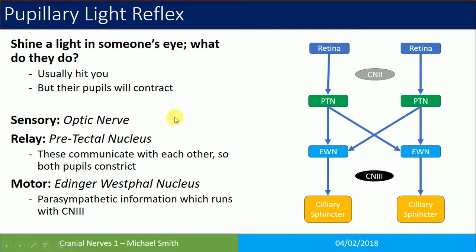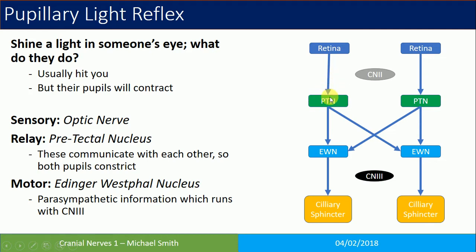If you shine a light, this will be received by the retina. This is our left eye, and this is our right eye. You shine the light in their left eye, the retina will receive that information, and it takes it back to the pretectal nucleus.